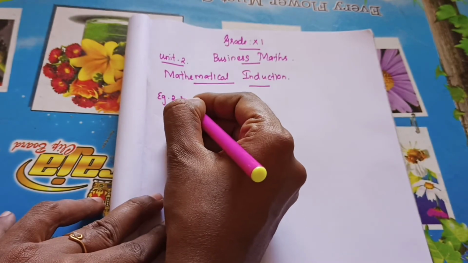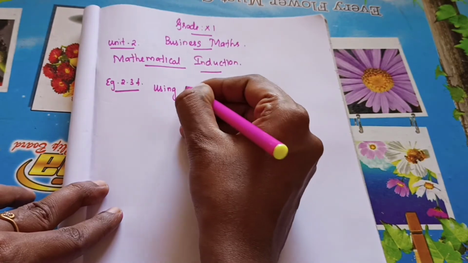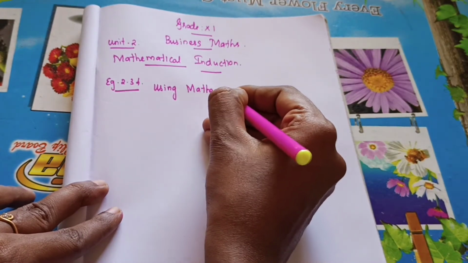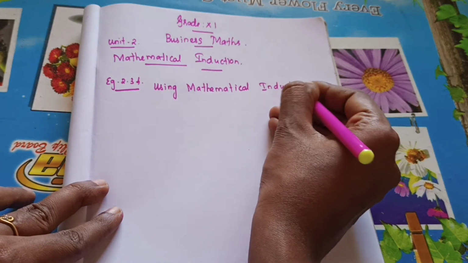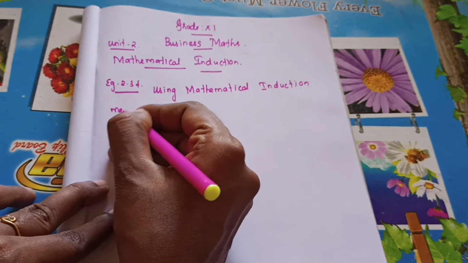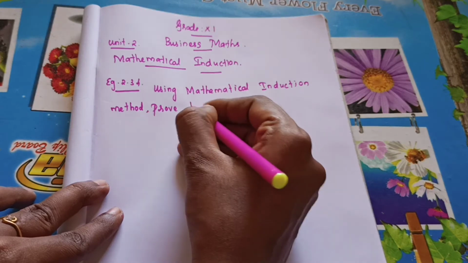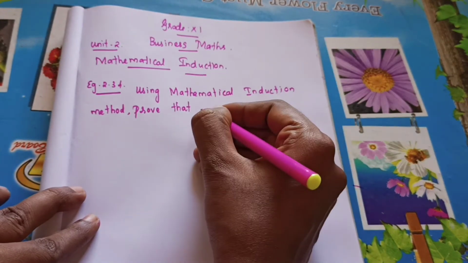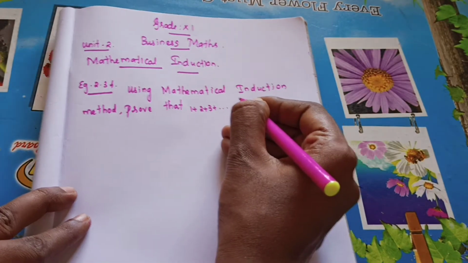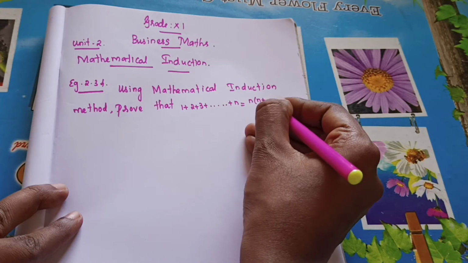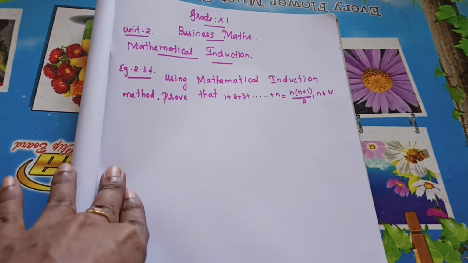Example 2.3. Using the mathematical induction method, prove that 1 plus 2 plus 3 plus and so on up to n is equal to n into n plus 1 by 2, n belongs to N. Have you seen this anywhere?